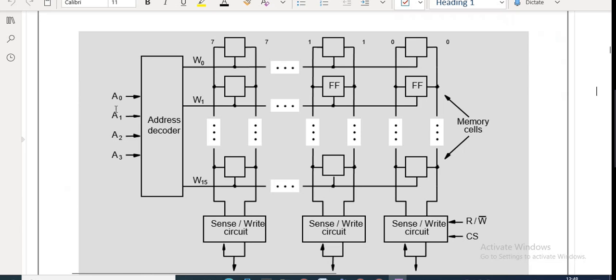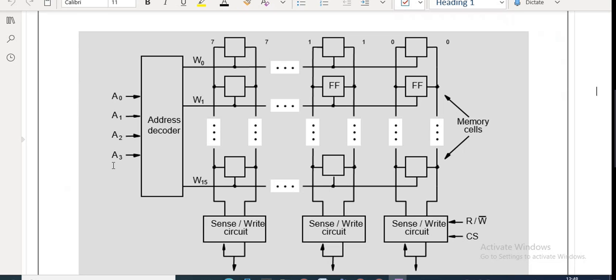Okay, so now just observe the address, that is A0 to A3. So how many bits? 4. Yesterday we discussed that depending on the number of bits in the address, you can tell how many addressable locations there are. 2 power 4 means 16.